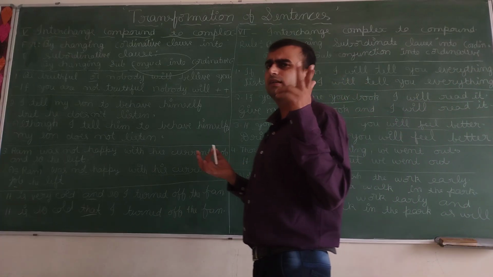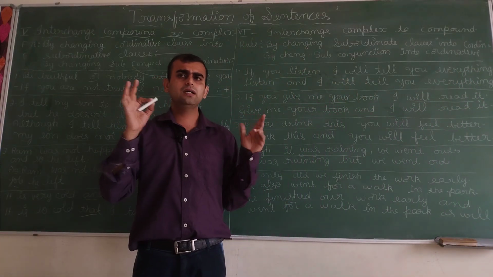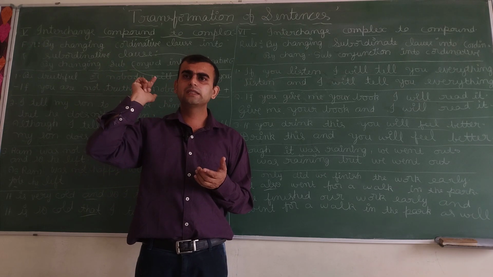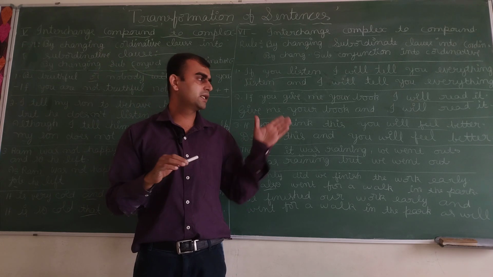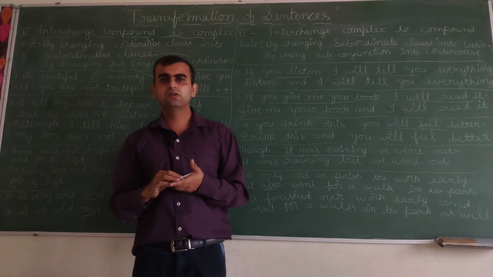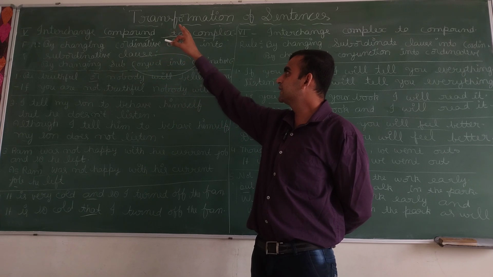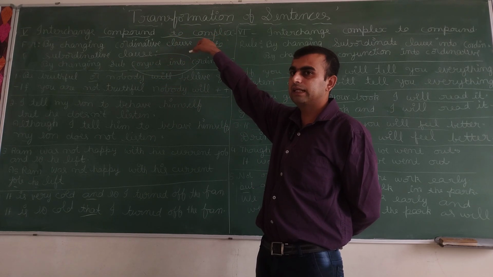This is a little tricky, but I said already, if you know the types of conjunctions as well as the types of clauses, this chapter is very easy for you. Once again, in this session we have learned to interchange a compound sentence into a complex sentence.